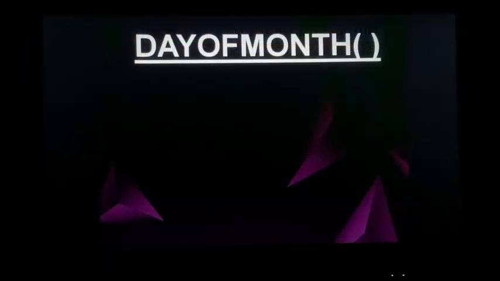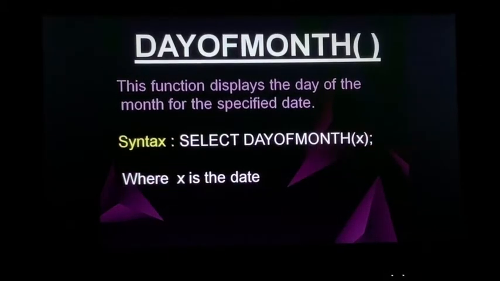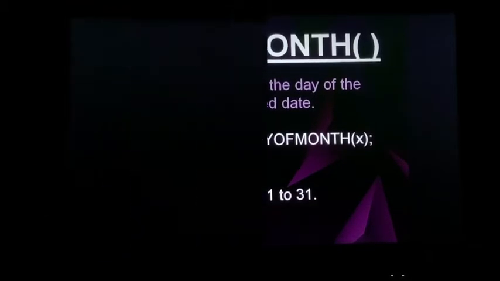Next is DAYOFMONTH. This function displays the day of the month for the specified date. Syntax is SELECT DAYOFMONTH(X), where X is any date. So it will display the day number from 1 to 30.